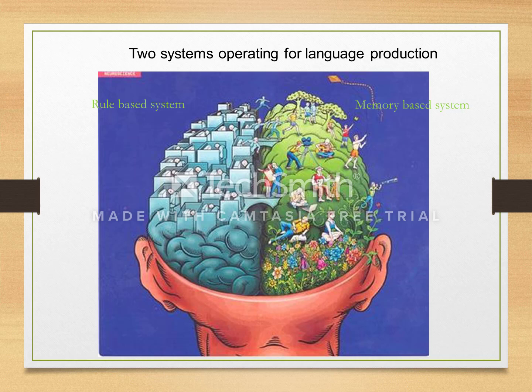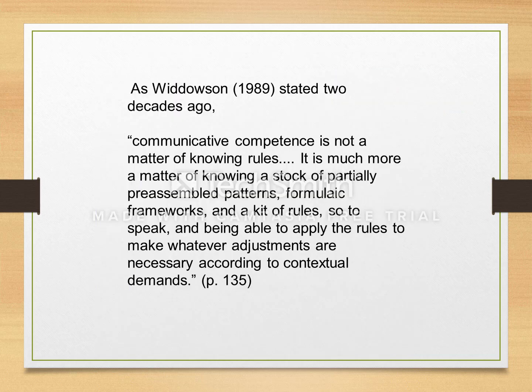While the rule-based system is in charge of accuracy, the memory-based system is in charge of fluency. As Widdowson stated 2 decades ago, communicative competence is not just a matter of knowing rules.